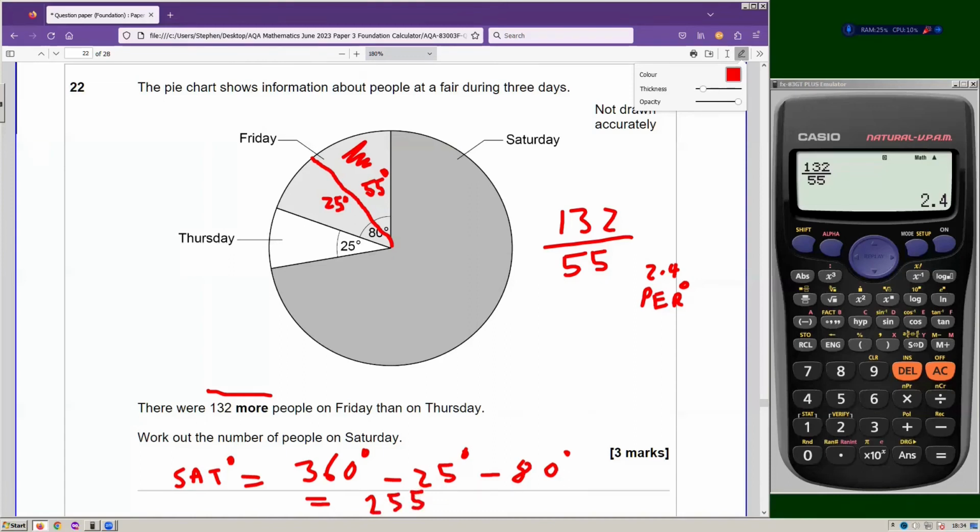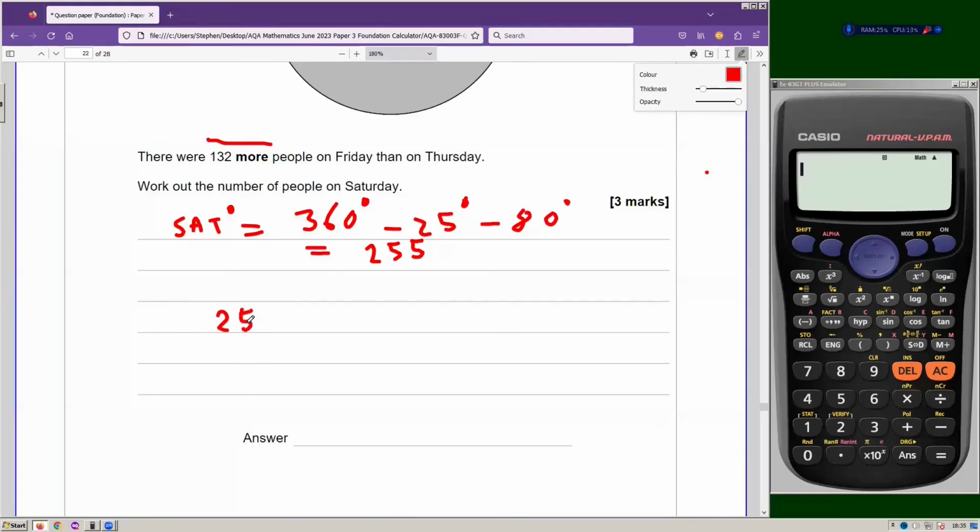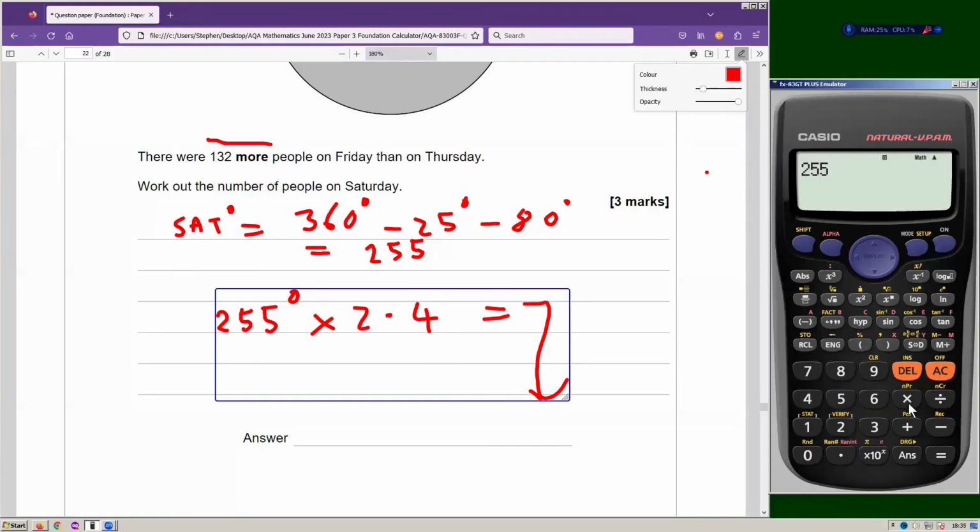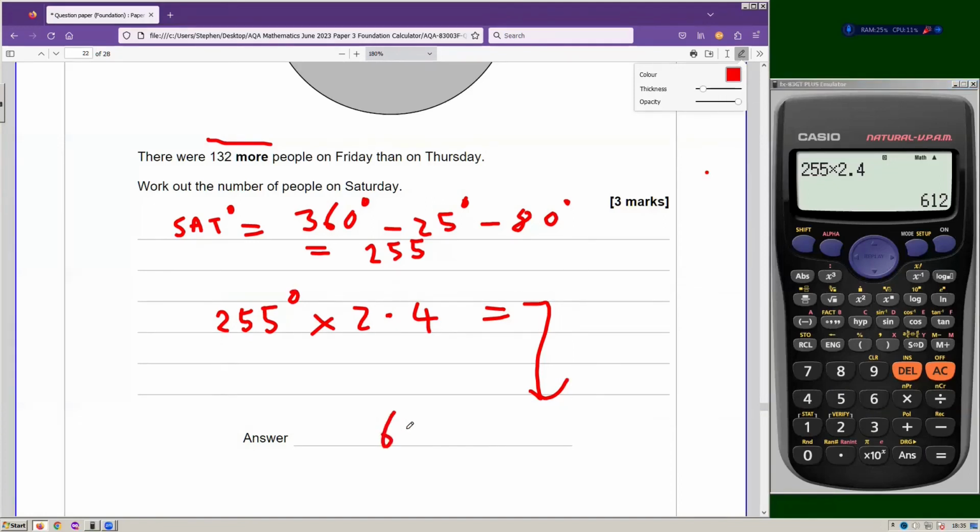Okay, degrees. 255 degrees times by 2.4 people equals, we'll put our answer straight down there. I hope I don't have to round it, we'll see. 255 times by 2.4, 612. Yeah. 612 people.